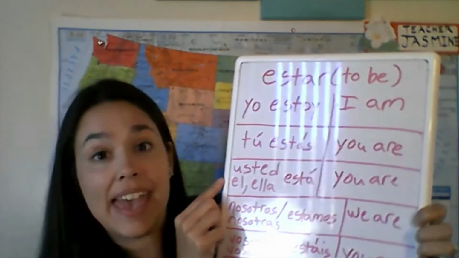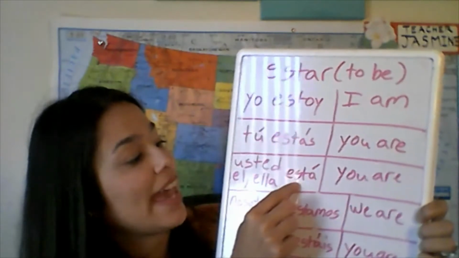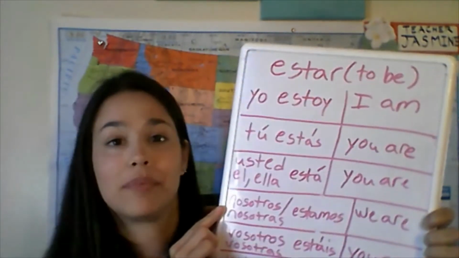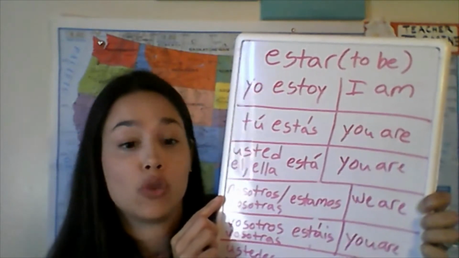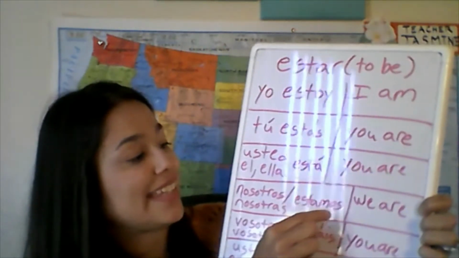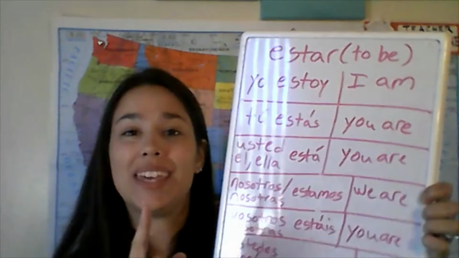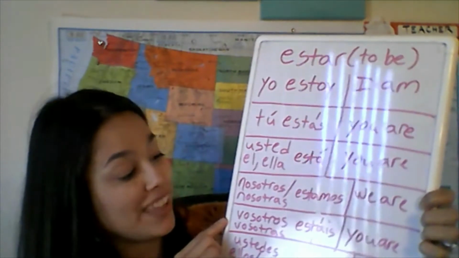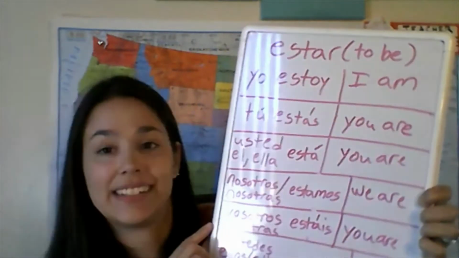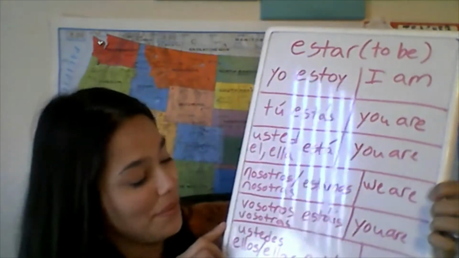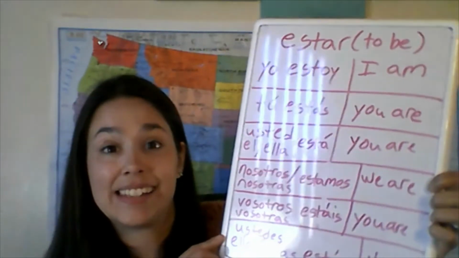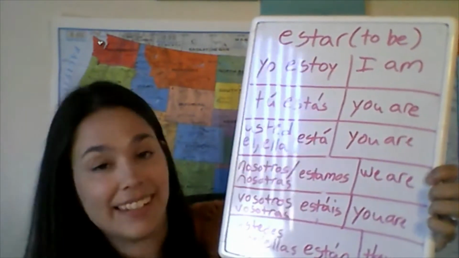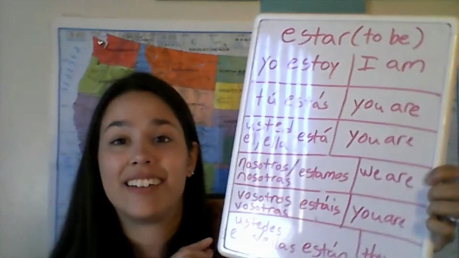Usted, él, ella, está. You are. Nosotros, nosotras, estamos. We are. Vosotros, vosotras, estáis. You are. Ustedes, ellos, ellas, están. They are.